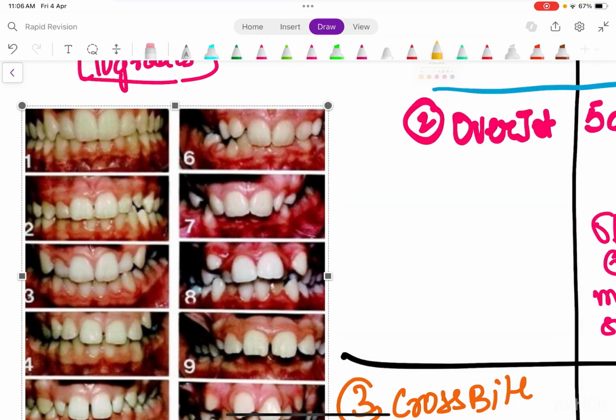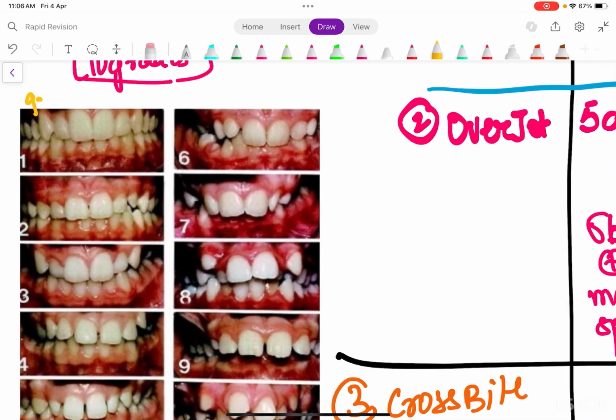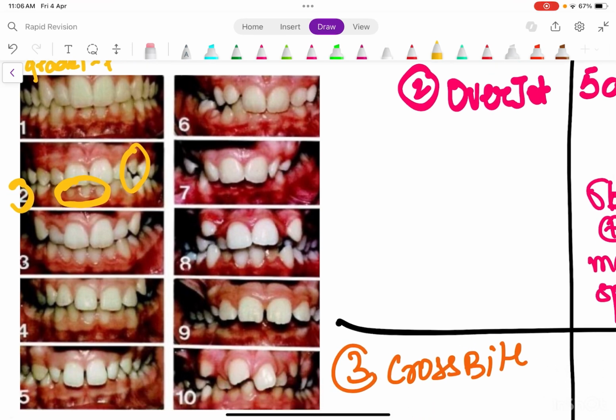See, let's go through them one by one. So grade 1, everything is perfect. Now grade 2 is here. So you can see this overbite, deep bite, right?